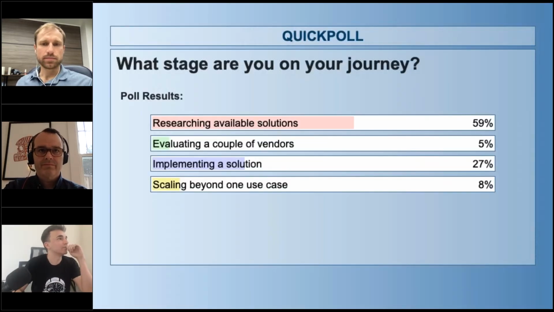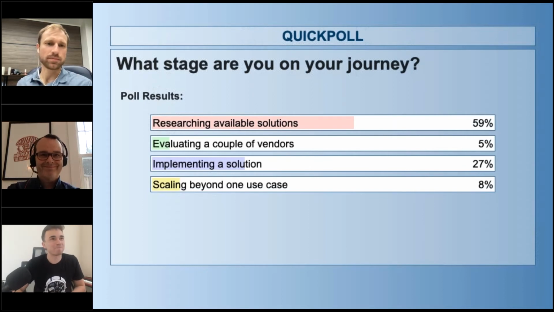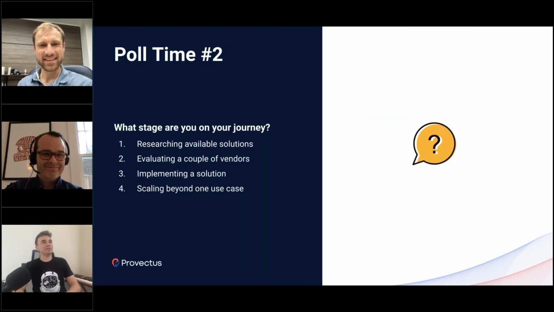Researching available solutions is the leader of our poll, and implementing your own solution is second. Okay, got it. Yeah, so cool. This webinar is exactly for you. Thanks for coming. Let's move through the content then. That's a perfect fit.